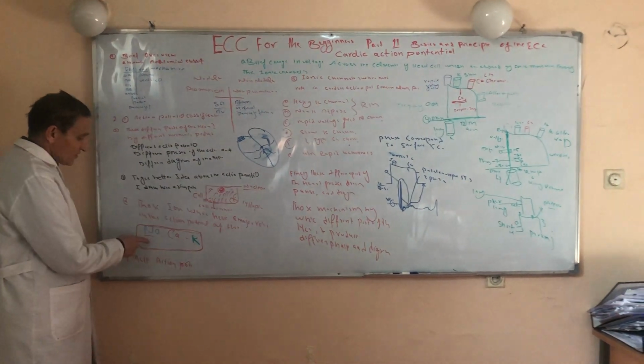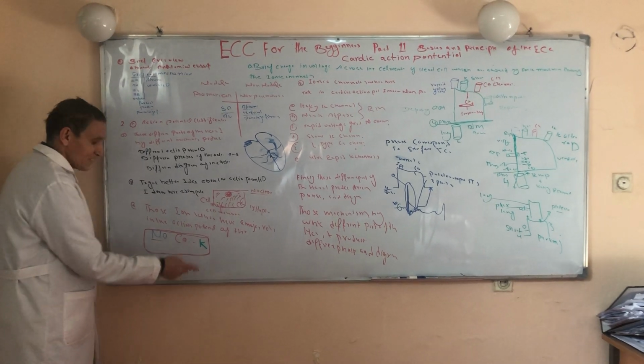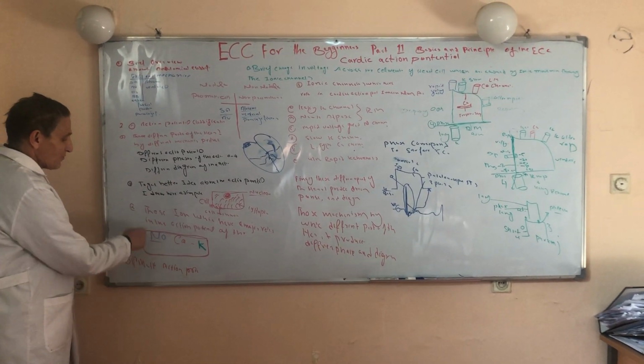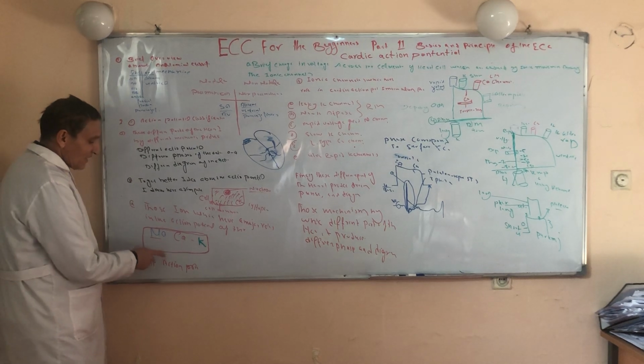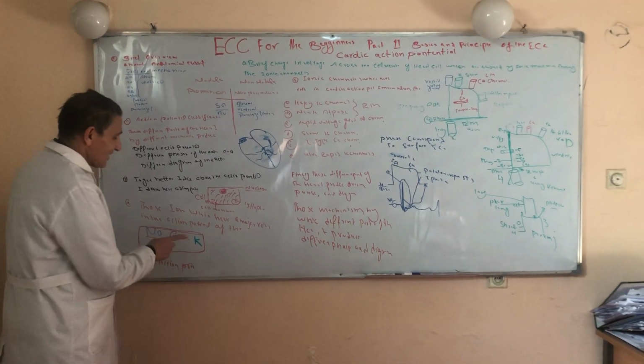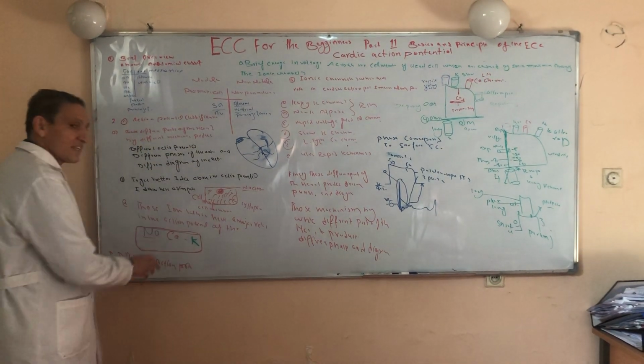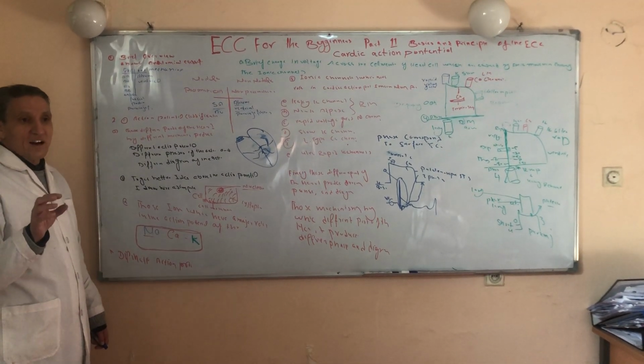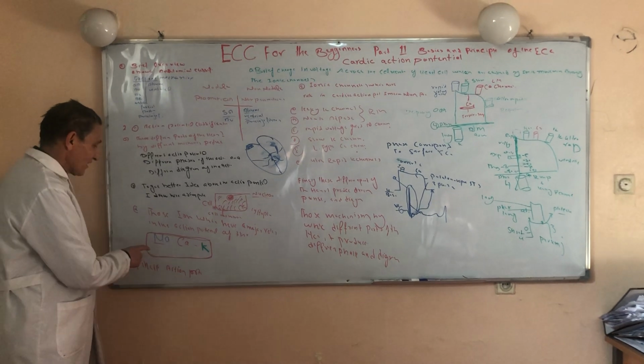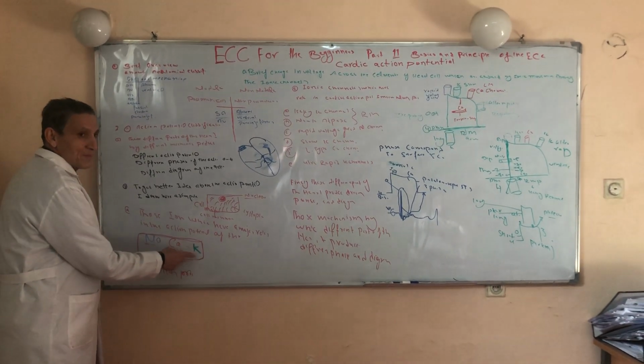These three ions: sodium, calcium, potassium. Sodium is represented by blue color, calcium by red color, and potassium by green color. These are the three ions responsible for the cardiac action potential, and you shouldn't forget sodium, calcium, and potassium.